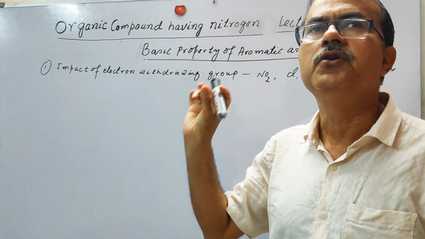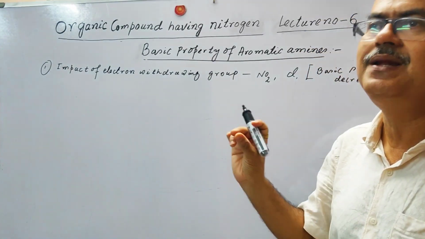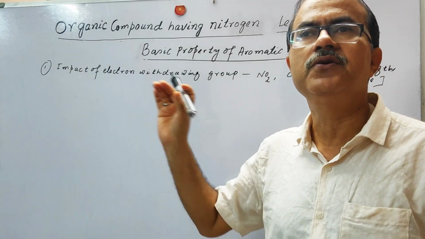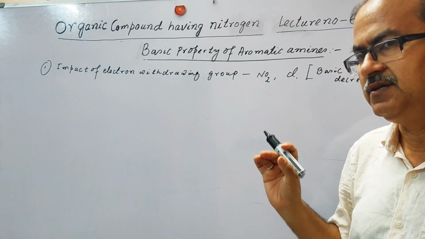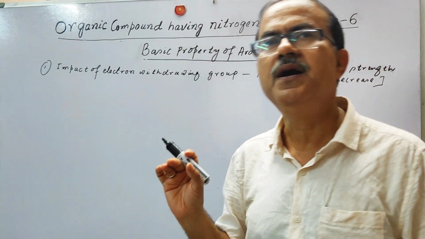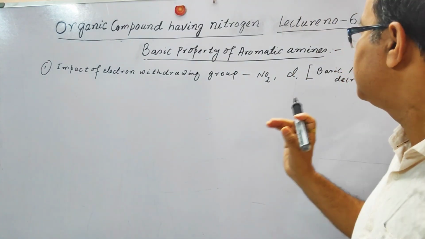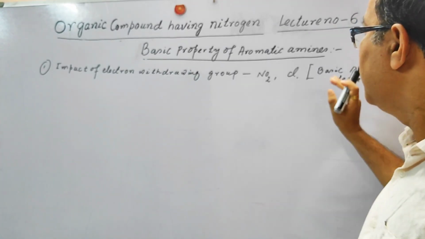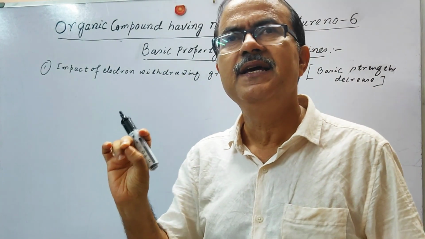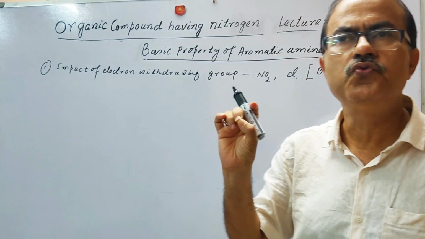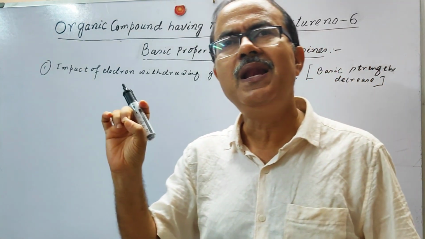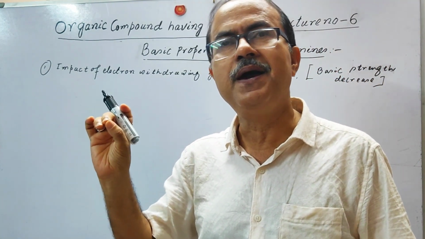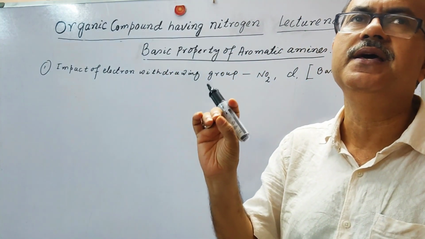So this lone pair of electrons will be less available for sharing with the protons of the acid. That is why it will have less basic property. But these groups, NO2 groups, will have an impact depending on which position they have been incorporated.